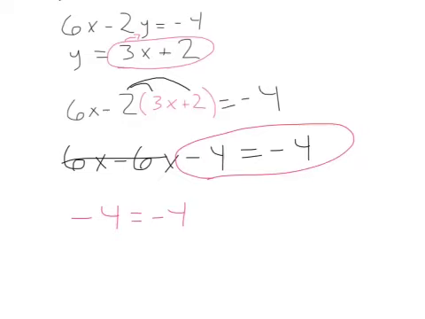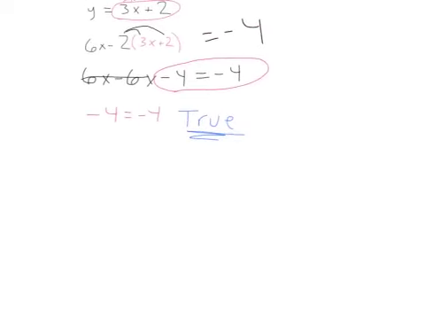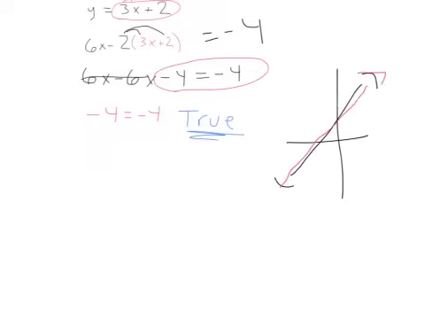Since this is true, negative 4 does equal negative 4. What they had us do was actually solve two equations that were the same line. So remember when we talked about these equations, it's just one line on top of the same exact line.